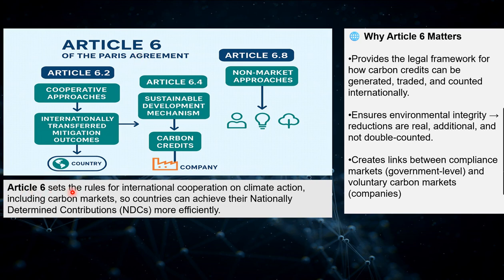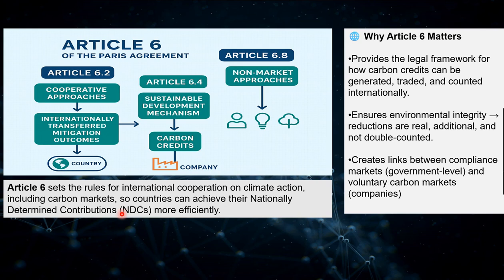Article 6 sets the rules for international cooperation on climate action, including carbon markets. So countries can achieve their nationally determined contribution, because it all starts with the nationally determined contribution. It means on a country level, not on a company level.